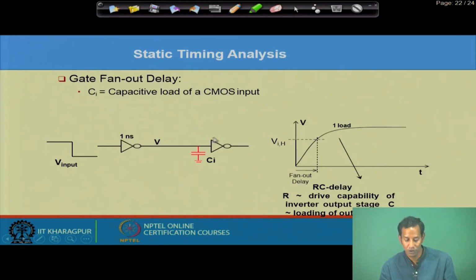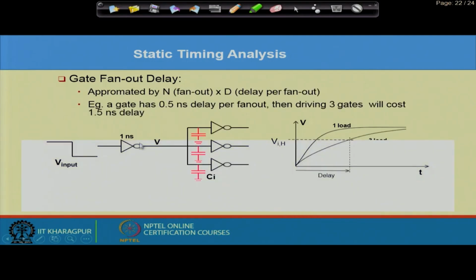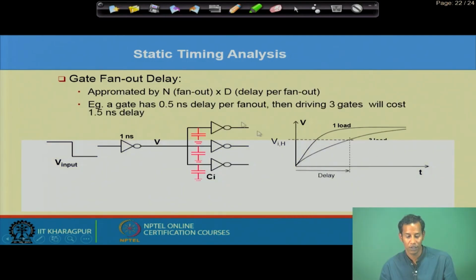The gate fan out delay is calculated based on the capacitive load of the CMOS inputs which it is driving. Depending on the R and C values, we can calculate how much delay corresponds to the number of fan outs for this particular gate, and in a static timing analysis tool this is computed. It is approximated by the factor n, which is the fan out, and d is the delay amount per fan out.